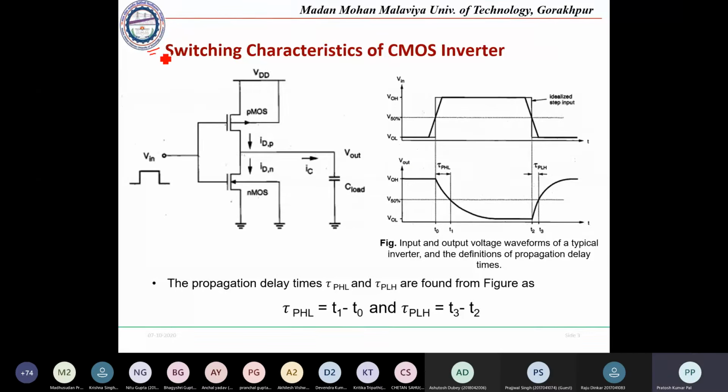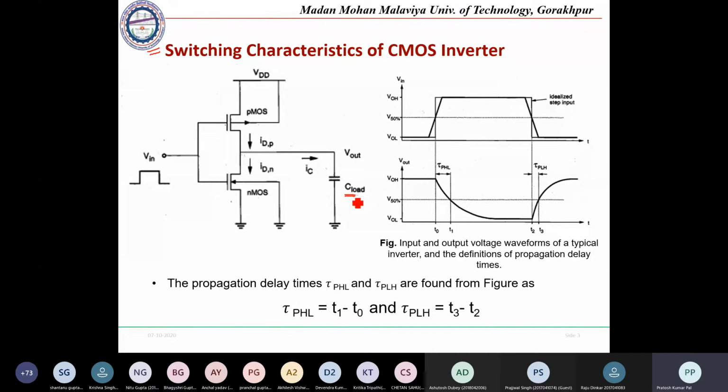Okay, so now we will see the switching characteristics of a CMOS inverter. Once we have seen the load capacitance, that will be the lumped capacitance consisting of all the different parasitic capacitances, and also interconnect and the next stage capacitances. Suppose this is the inverter, and we have connected it to a load capacitor.